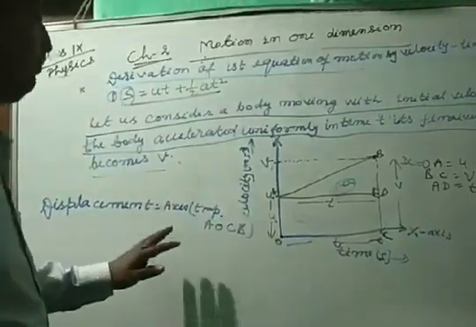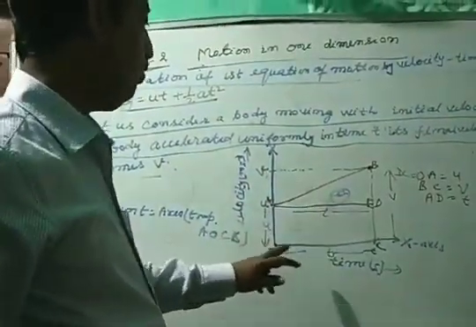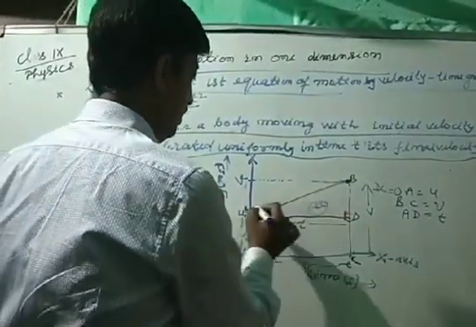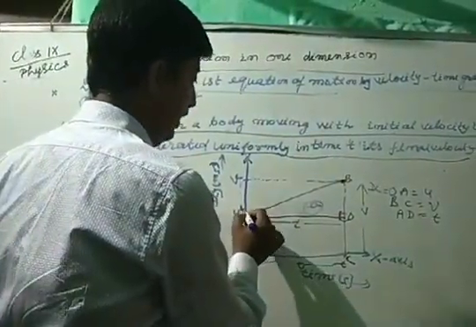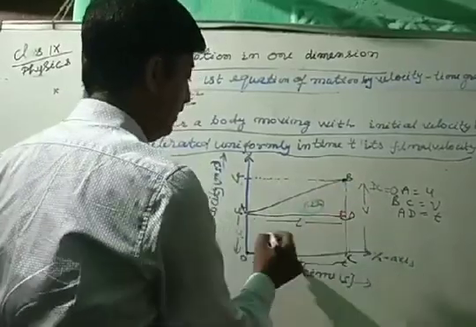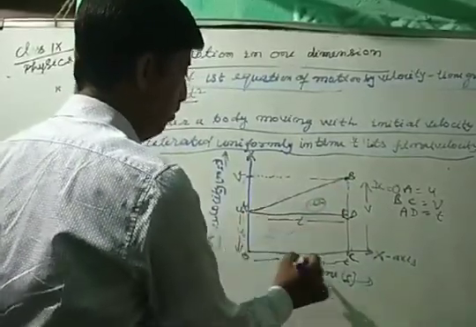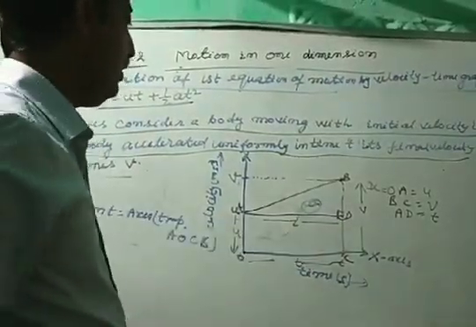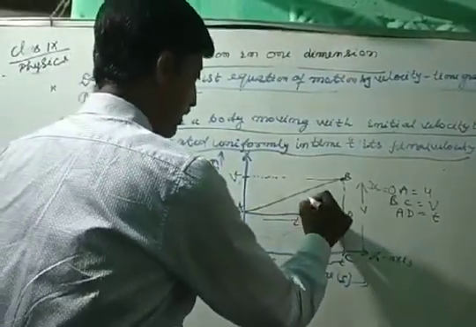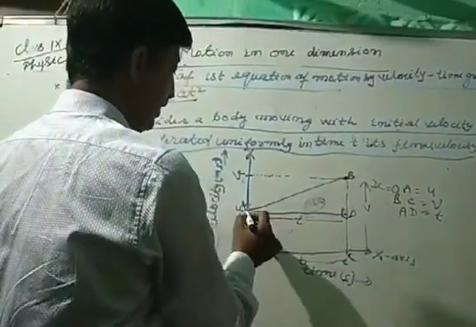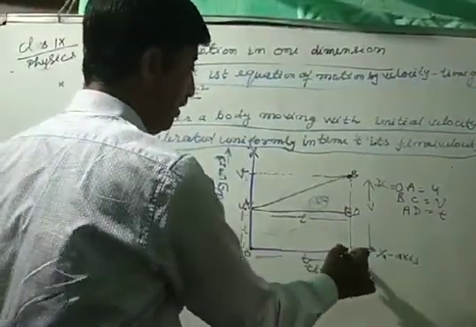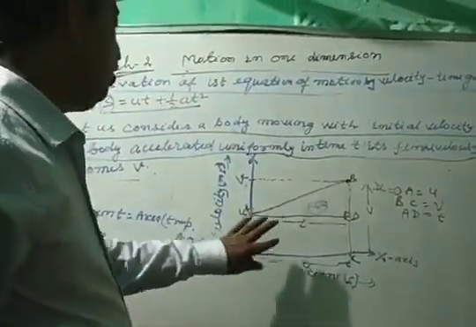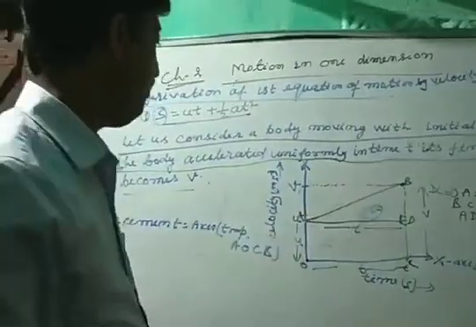Here we divide trapezium AOCB into two parts. The first part is the right angle triangle ABD, and the second part is the rectangle AOCD. After adding the area of the two regions, we obtain the displacement.